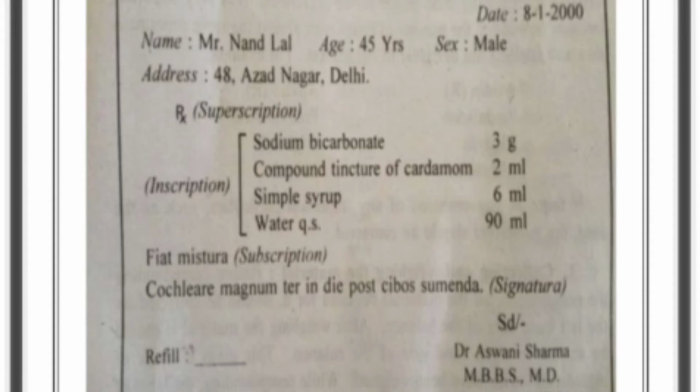Then below it write the inscription. Then below it write the subscription, and then the signature of the prescriber. See, in this sample, the inscription is where all the ingredients are written.